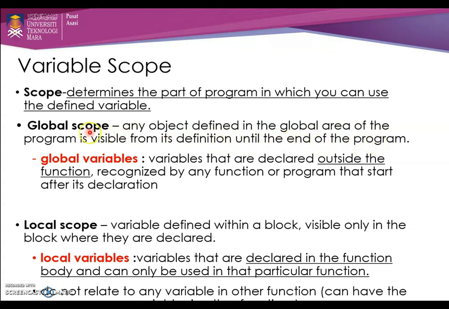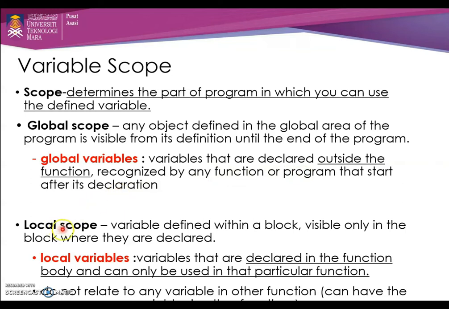Under global scope, there are variables that you declare in the global area. The variables that you declare in a global scope will be considered as global variables. Global variables are variables that are declared outside the function, recognized by any function or program that starts after its declaration.